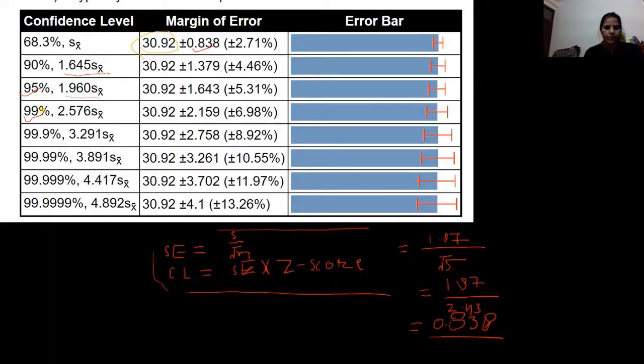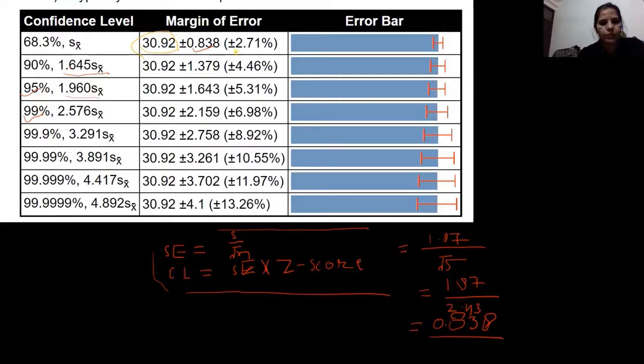Although 68% is rather a low level of confidence, so I want to be surer with higher probability levels like 95% and 99%, which are very commonly used in research. So these values can be used to calculate standard errors, or say margin of error or confidence limits, for all these given percent probability levels.